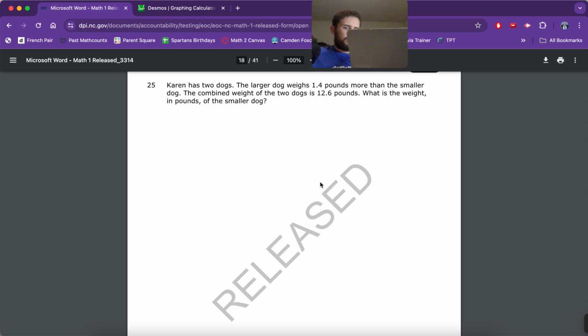So 2S plus 1.4 equals 12.6. And then just subtract 1.4 from both sides. You'd get 2S equals 11.2. And then divide both sides by 2, and you'd get S equals, well, half of 11.2 would be 5.6.